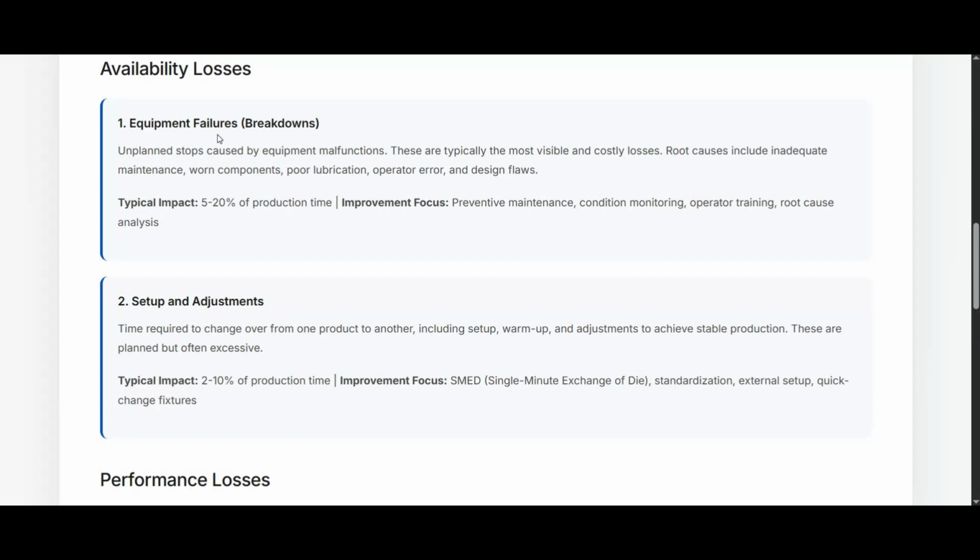In most plants, equipment failures account for about 5 to 20% of total production time. The main focus for improvement here is prevention, and regular maintenance, proper training, and condition monitoring can reduce these breakdowns dramatically. So, instead of waiting for machines to fail, you get ahead of the problem with preventive or predictive maintenance.